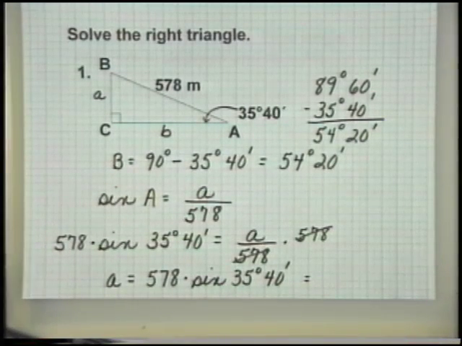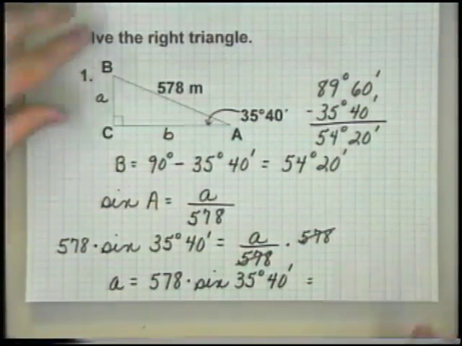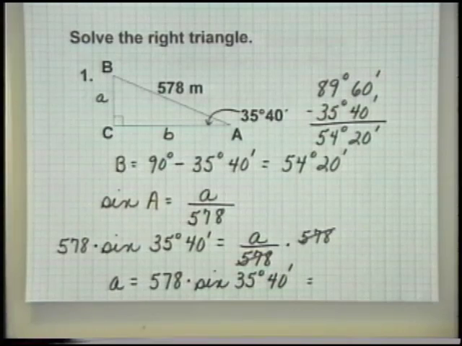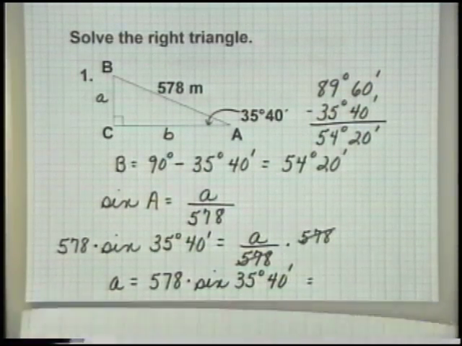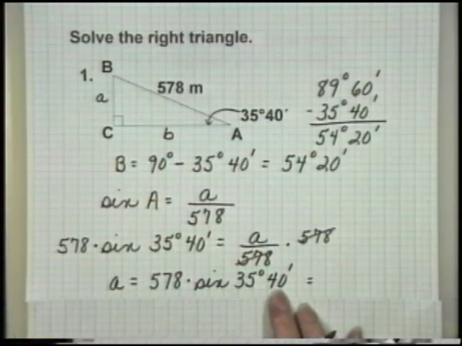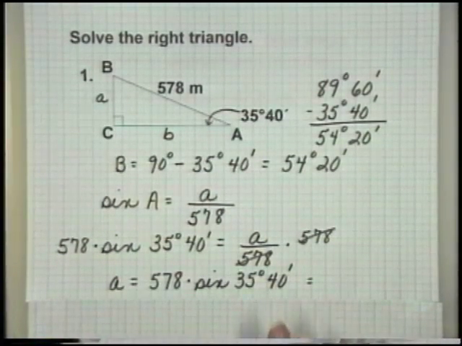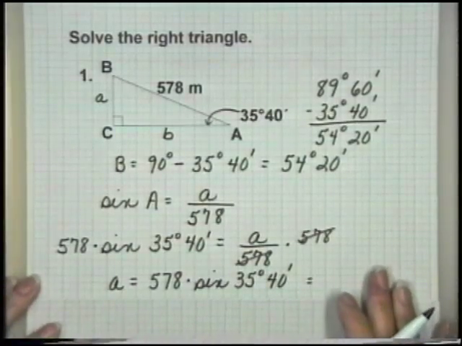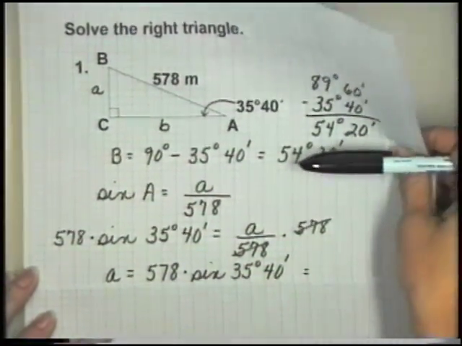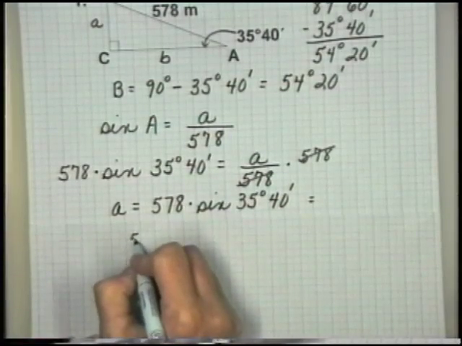Now, when I do it, I use a scientific calculator, and I'm going to assume that you know how to calculate the sine of 35 degrees 40 minutes. Just be sure when you put this in your calculator, you have to convert 35 degrees 40 minutes to decimal degrees. And maybe I'll write the steps up here. Now these would be the steps for a scientific calculator.